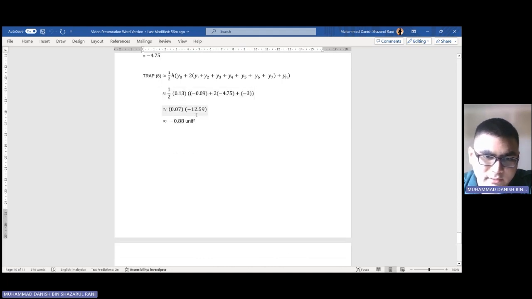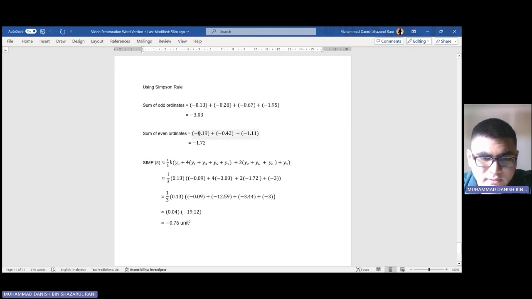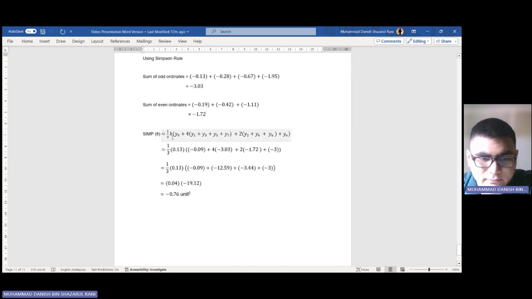That's for trapezoidal. For Simpson's rule, it's important to sum all of the ordinates. You will get -3.03, and the sum of even ordinates is -0.19. Here you will get -1.72.